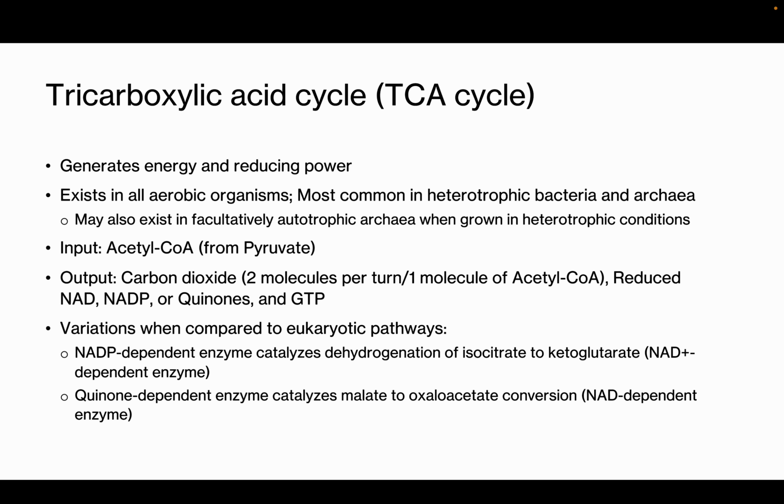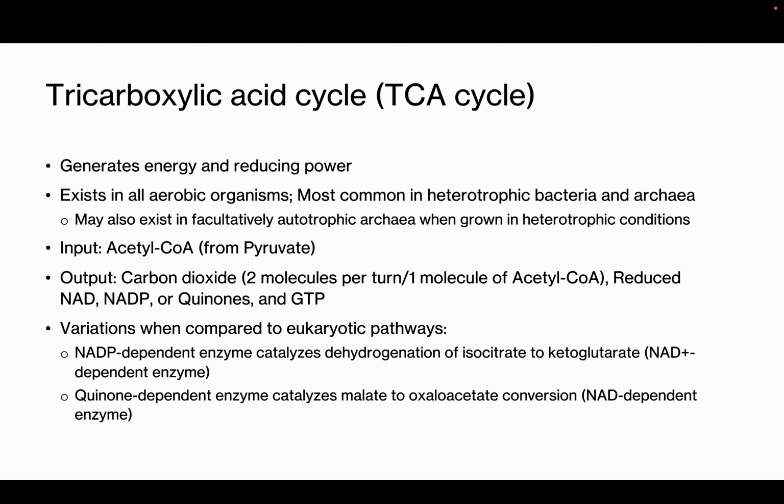So one molecule of acetyl-CoA is used per turn. Additionally, aside from CO2, other outputs of the TCA cycle include reduced molecules. So there's reduced NAD, and additionally we have NADPH, ketones, and GTP.